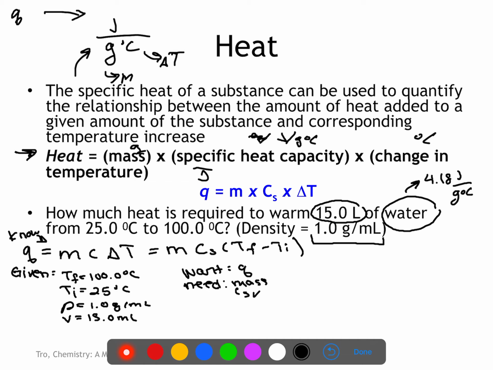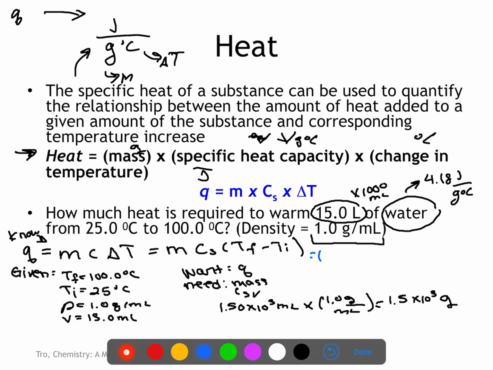I'll first have to convert the liters to milliliters, which gives me 1.50 times 10 to the third milliliters, because I multiply by 1,000 milliliters. Then if I multiply that by the density, I get 1.5 times 10 to the third grams, which you would just plug back up here.